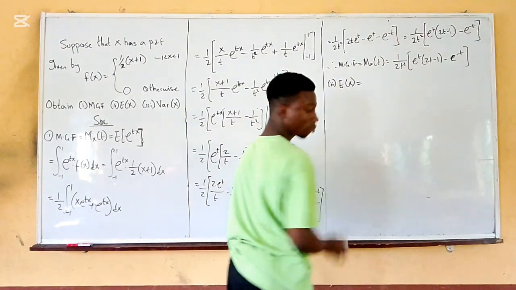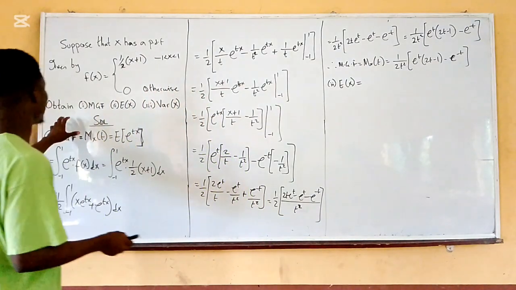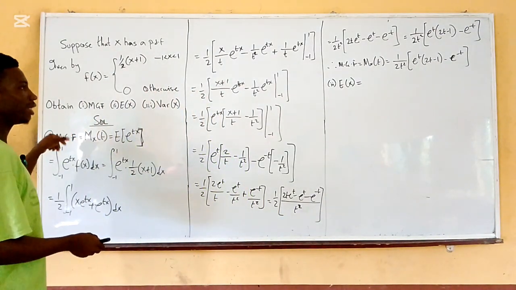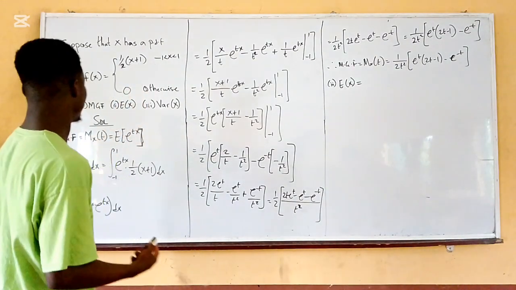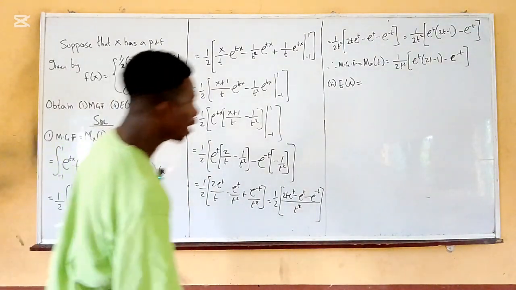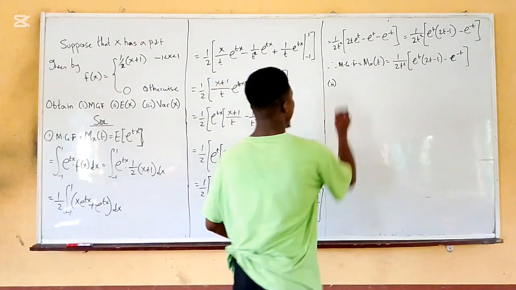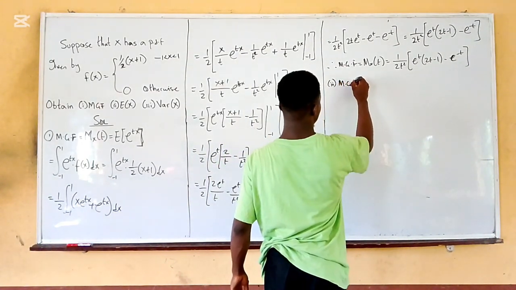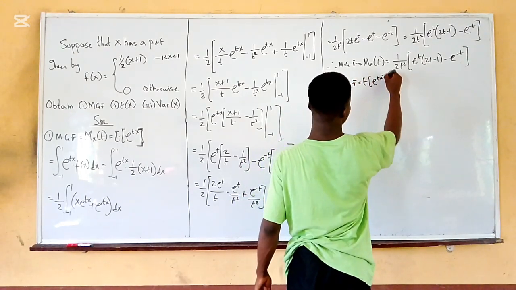How do I do that? Since I need my expectation of x, I will have to start again from my MGF. Remember, my MGF is the expectation of exponential Tx.